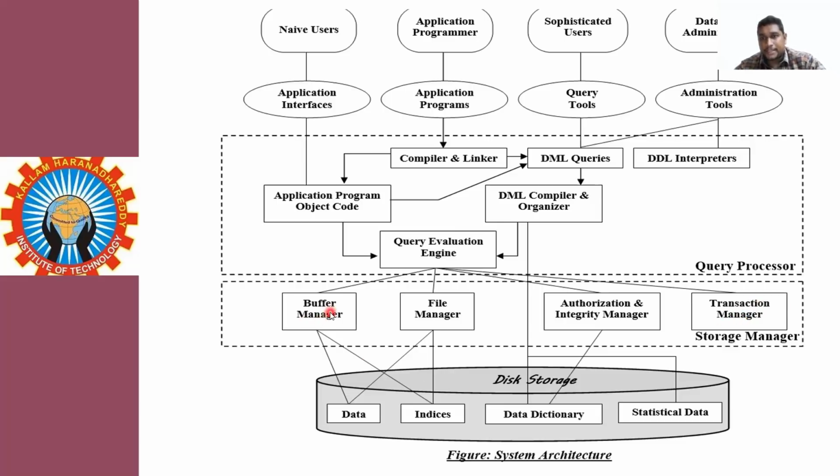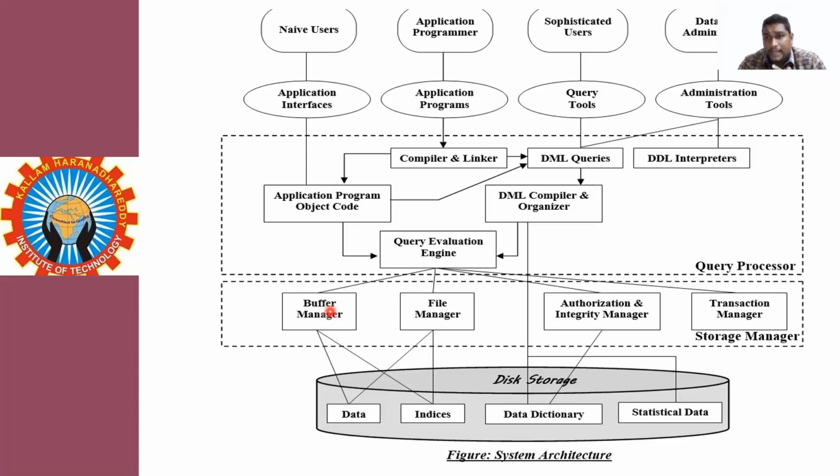Next, the buffer manager. The buffer manager is a manager who performs the action of taking the external data into main memory. Whatever data you are retrieving or storing is in external memory, that is, hard secondary memory.